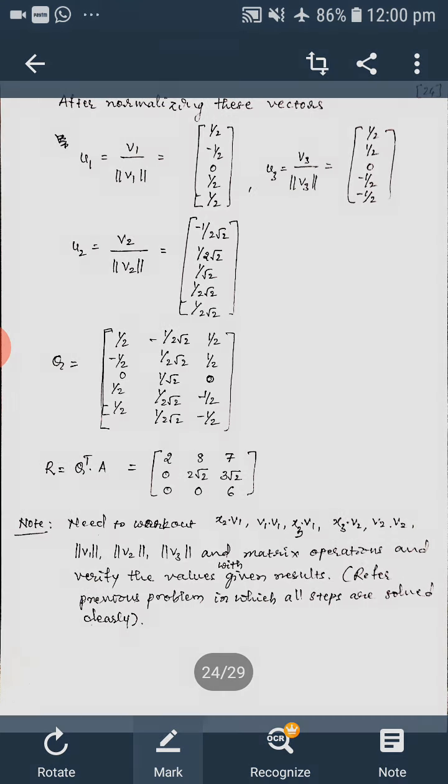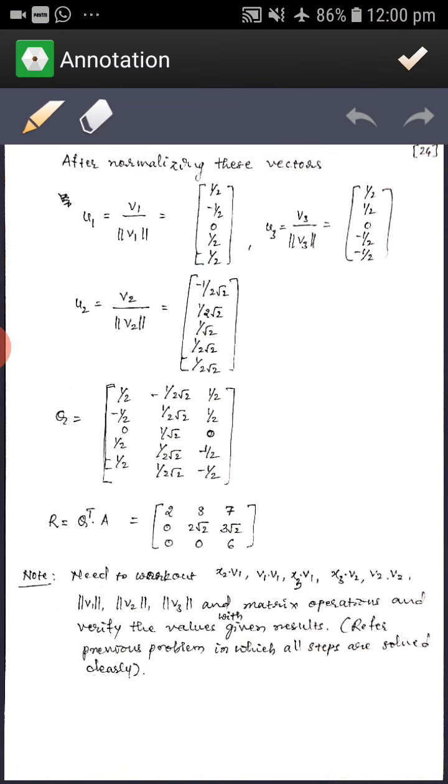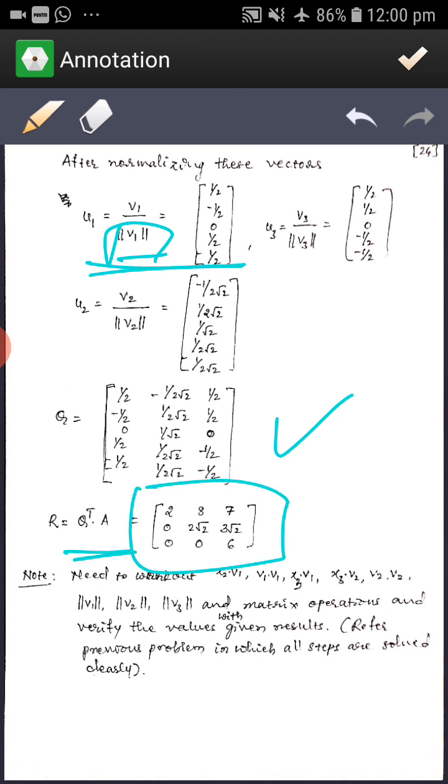After calculating the orthogonal vectors, we normalize each by its respective length. After calculating u1, u2, u3, which is nothing but Q, make Q transpose and multiply with A. After doing all this, we get R equal to this matrix.